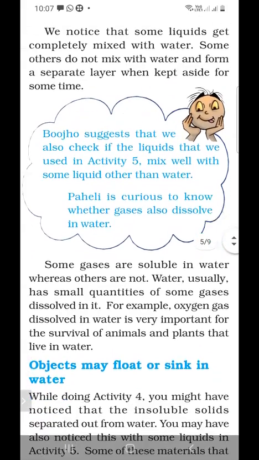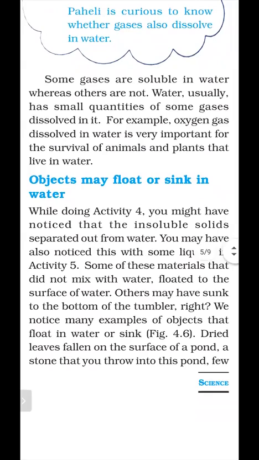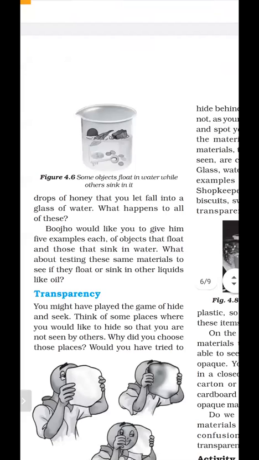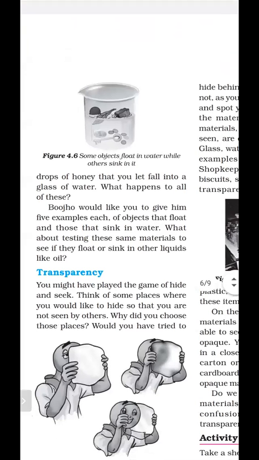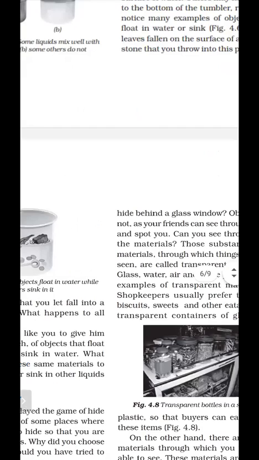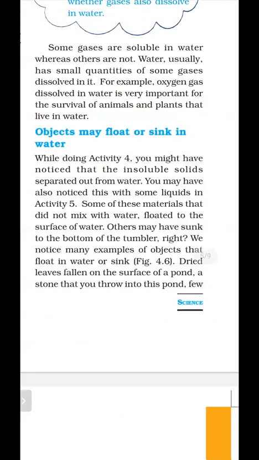Next property is, objects may float or sink in the water. And what is another property? Next property is transparency, and we will discuss this property in the next class. We are discussing the basics of this property. Objects may float over the water.